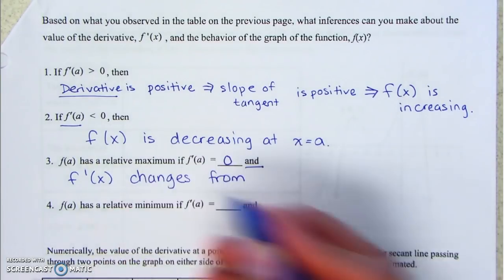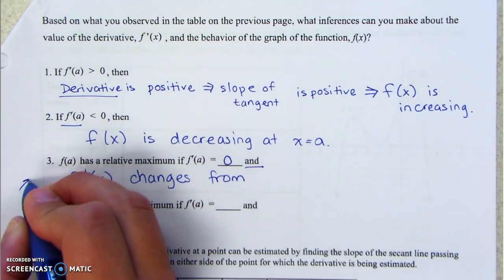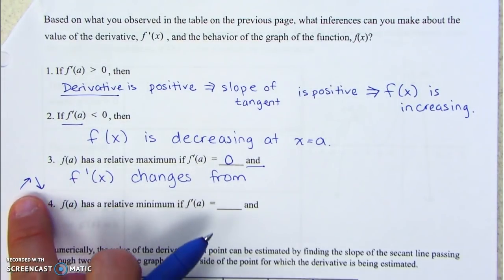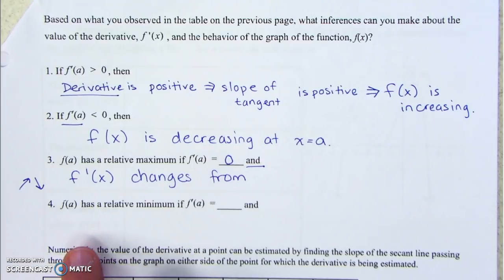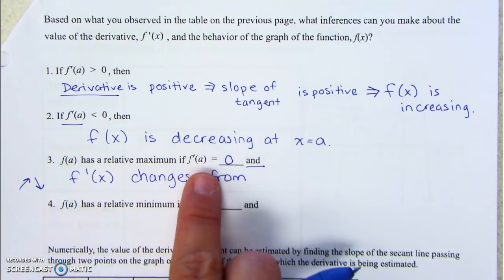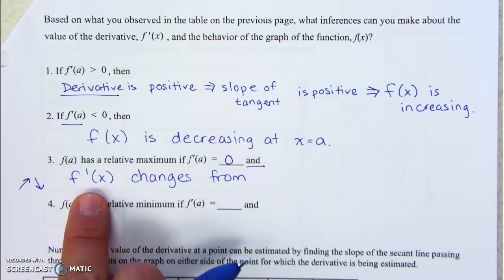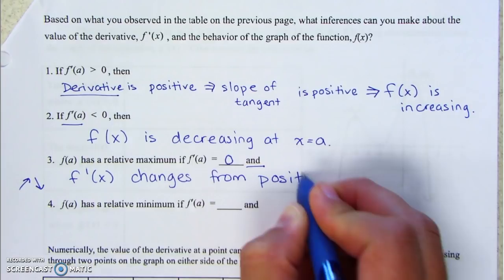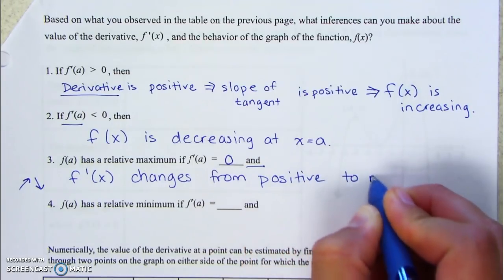Or sorry, how do we get over a maximum? It goes from positive to negative, right? The derivative, the slope. The slope is positive and the slope is negative. So f of a has a relative maximum if the derivative is 0 and f prime of x changes from positive to negative.